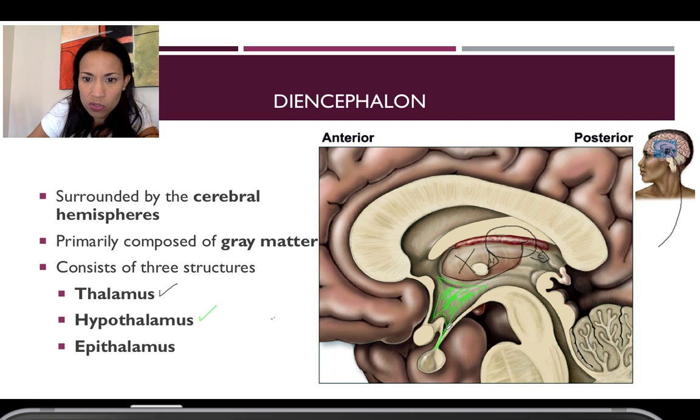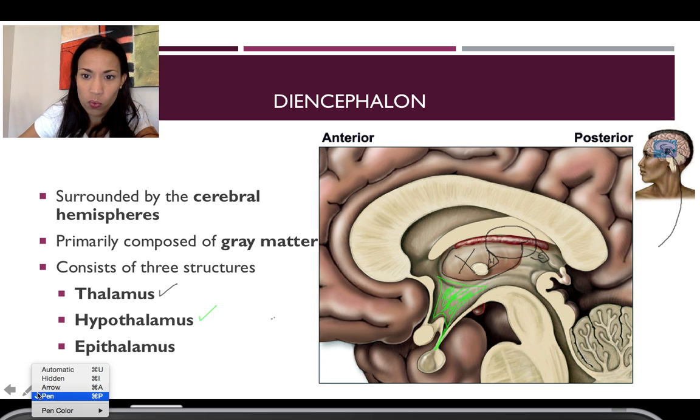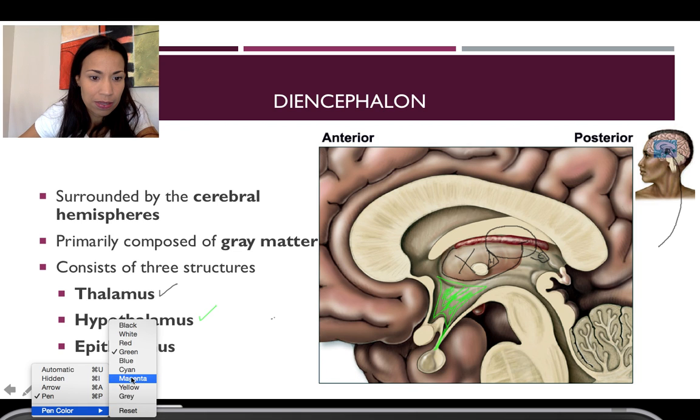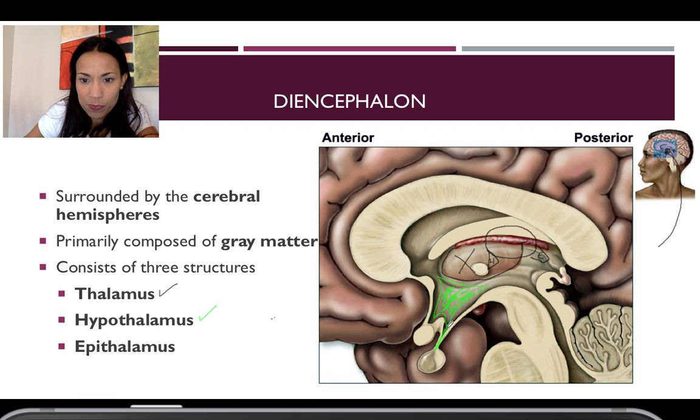It has this stalk, which is actually, let me put that in another color so we don't get confused. The hypothalamus in green is connected with this stalk or stem. It's called the infundibulum, and it is holding this, that you know.